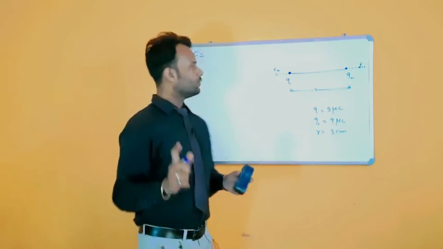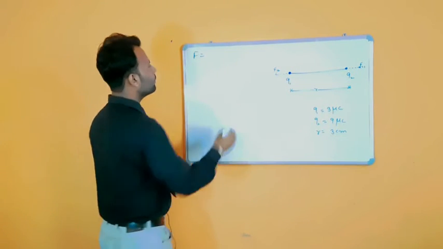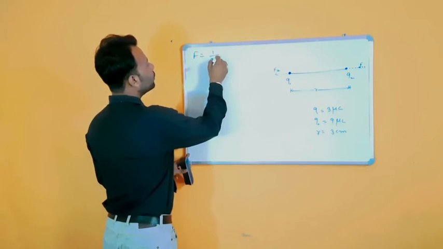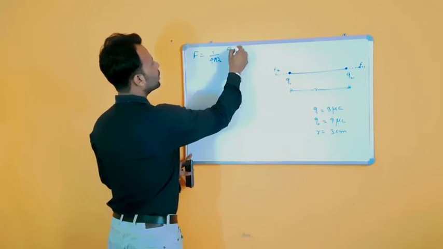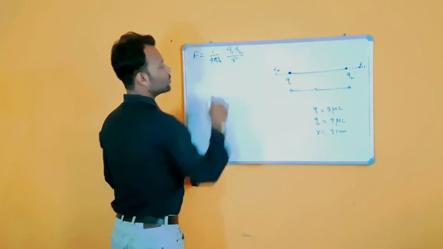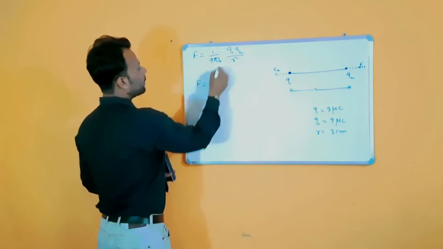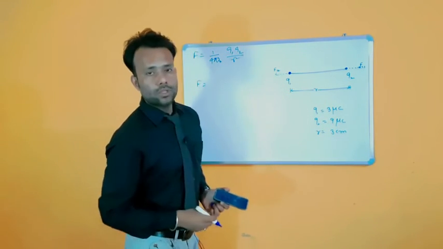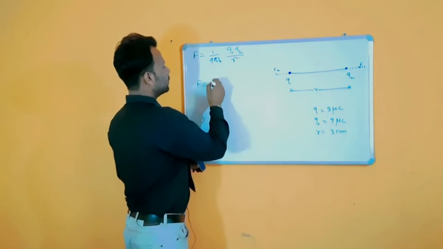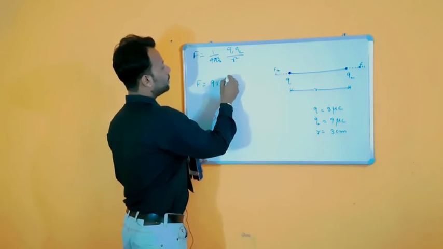We'll find only one force, that is F, which equals 1 upon 4 pi epsilon naught, Q1 Q2 upon R square. The value of 1 upon 4 pi epsilon naught, if you remember, is 9 into 10 to the power 9.